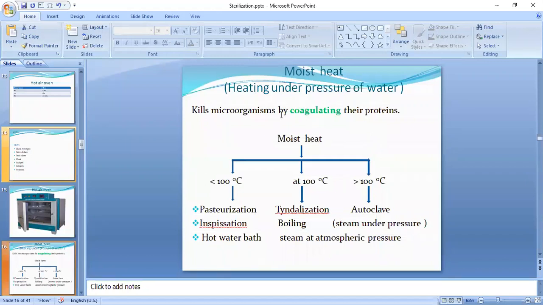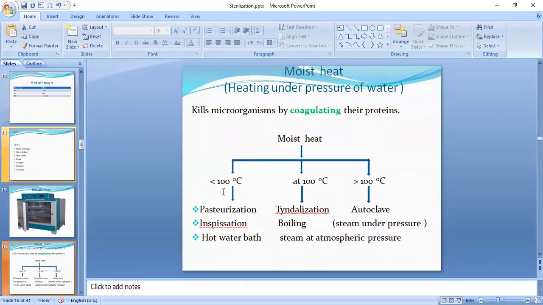And the moist heat method of sterilization is subdivided in this way: temperature below 100 centigrade, temperature at 100 centigrade, and temperature above 100 centigrade.